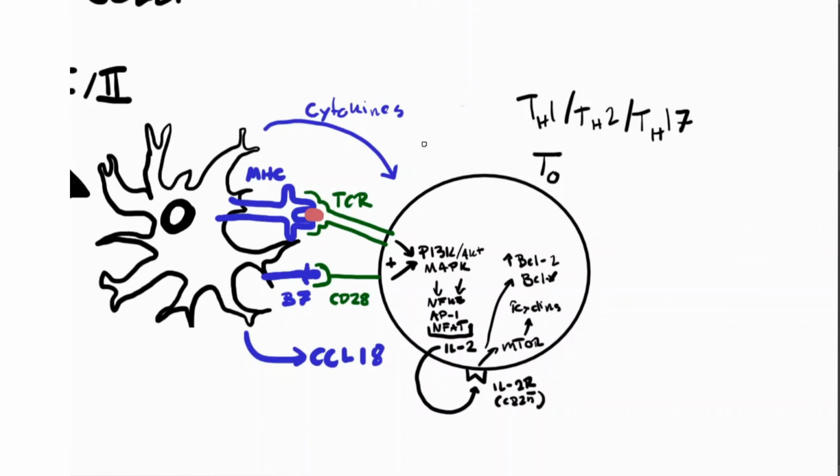And depending on which environment the dendritic cell resided in before it moved into the lymph nodes, that will determine what kind of cytokines you get during this phase here.